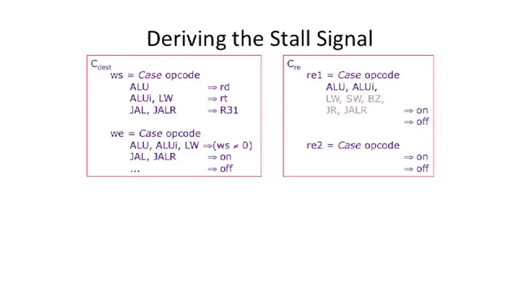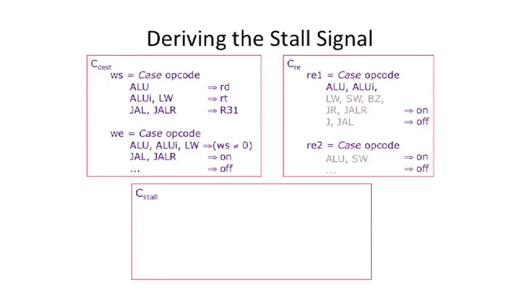So RE1 gets set to true, or 1, or on, if it's any of these opcodes. But for jump and link, which doesn't read a first operand, that comparison has to not compare against this value. Otherwise, you'd be stalling too often. For the second operand, only true ALU instructions, so not immediate instructions, and stores read that second operand, and everything else doesn't.